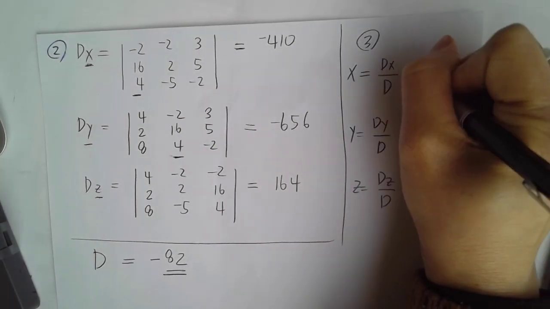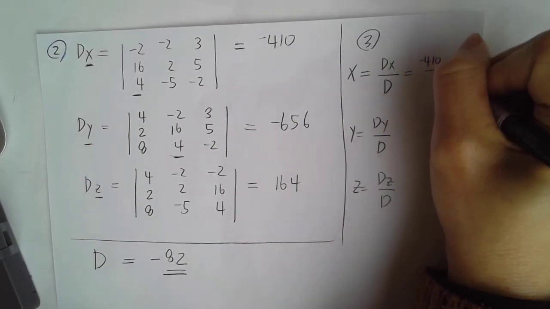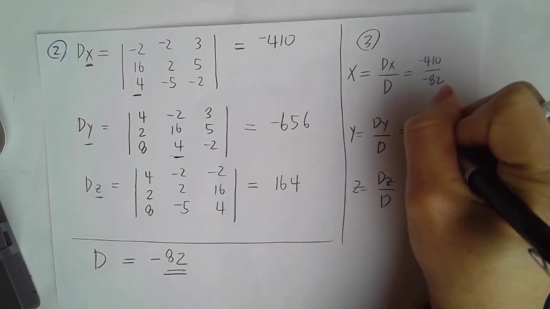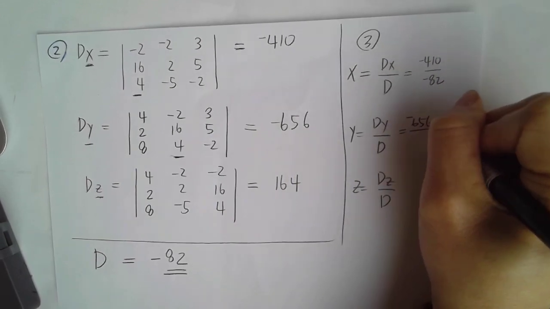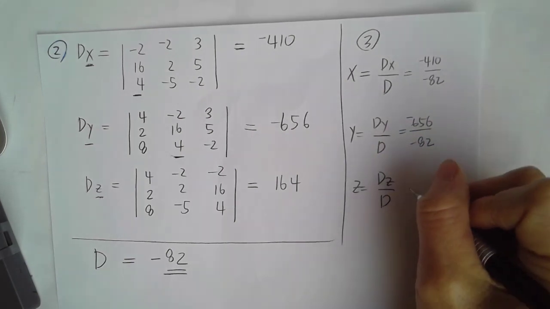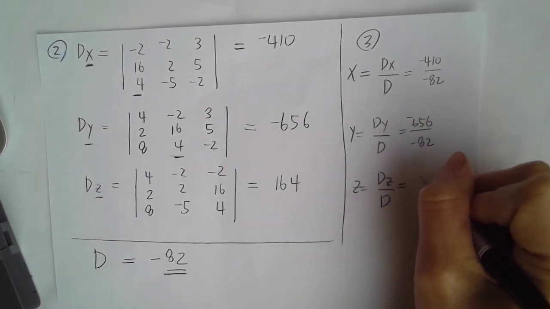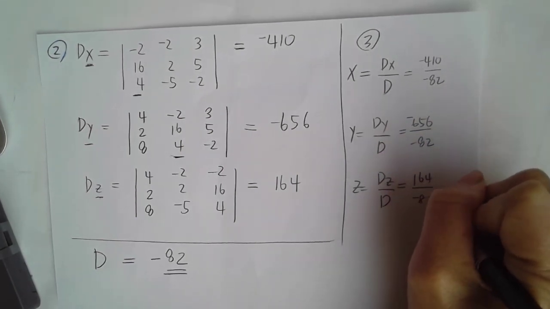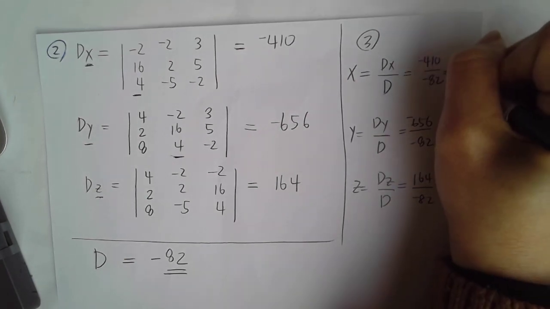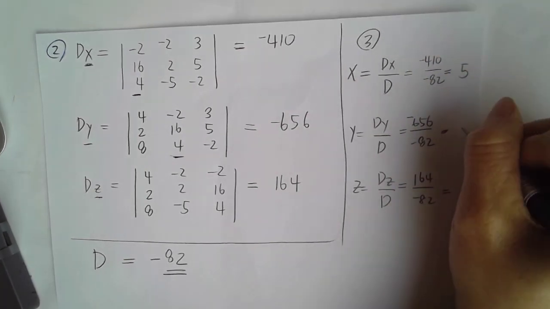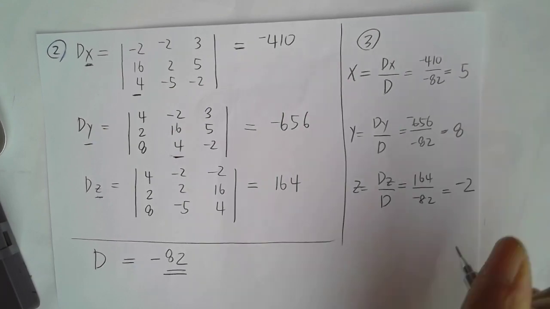Okay? So d sub x is -410, d is -82. d sub y is -656 and -82 for d. d sub z is 164 and -82. And when I calculate those, did you guys end up with 5, 8, and -2?